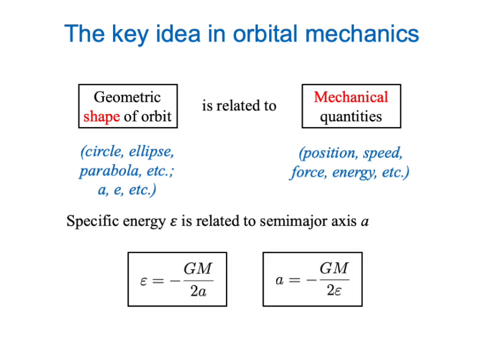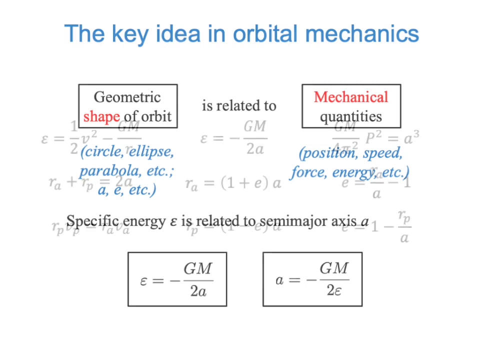And by far the most useful relation that we have is a relation between the specific energy of the satellite and the semi-major axis. Essentially, if you know one of them, you can determine the other one.